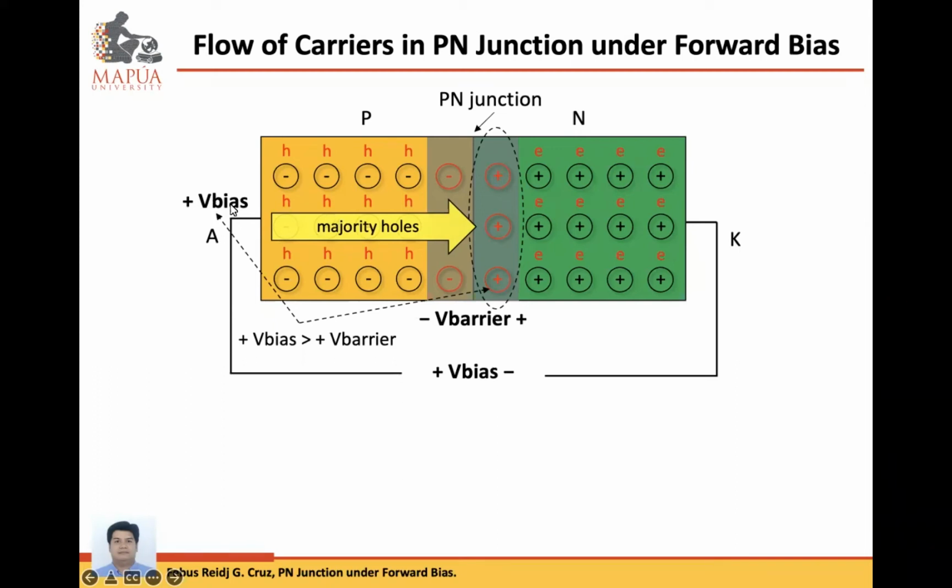But with the applied bias, since this is larger, it will have a more dominant effect on the carriers. So positive on the positive holes, it can repel, it can push forward the majority holes pass through the PN junction. So pwede silang magtuloy-tuloy dito. Okay, so eventually as it crosses the PN junction, the majority holes eventually will become minority holes. So holes pa rin sila, but since they are already in the N-type, minority na lang ang description natin.